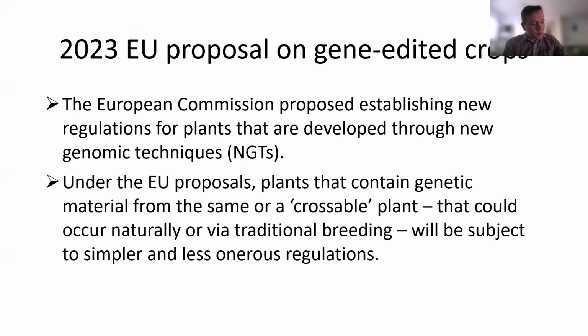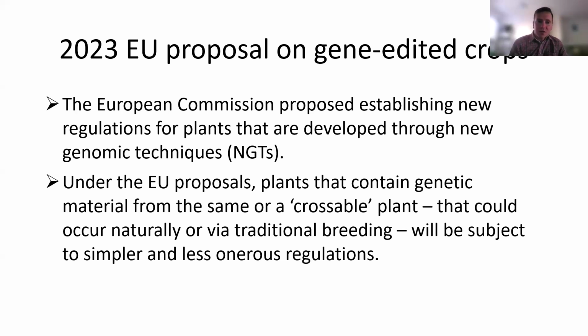And so, as I mentioned before, Australia in 2019 excluded SDN1 type 1 techniques, directed nucleases type 1 techniques, from the scope of regulations. Europe is trying to do the same.